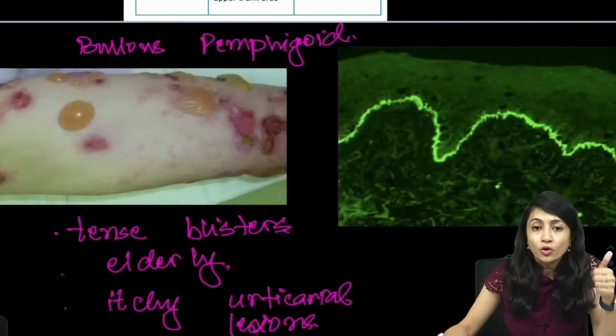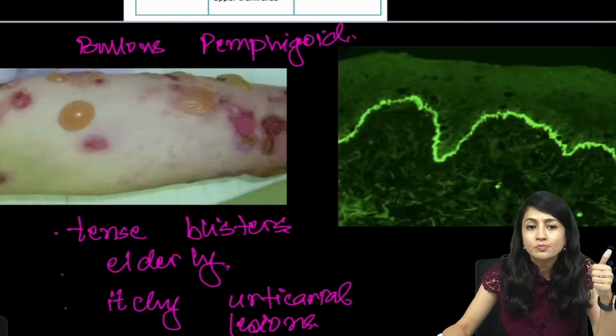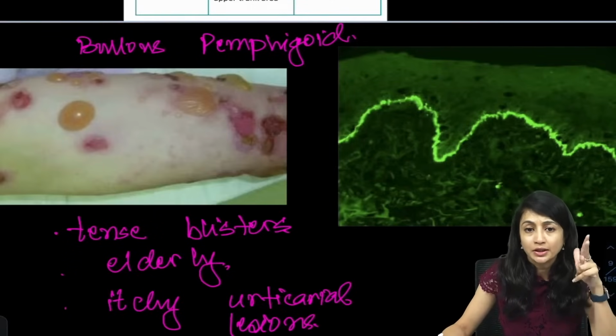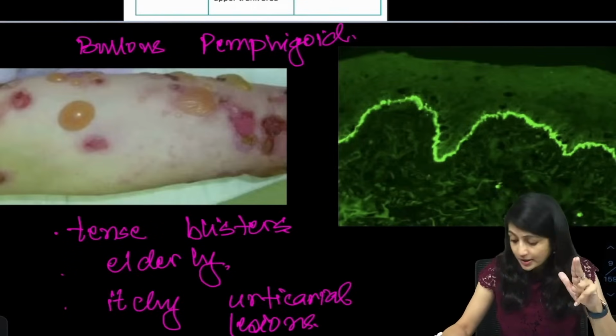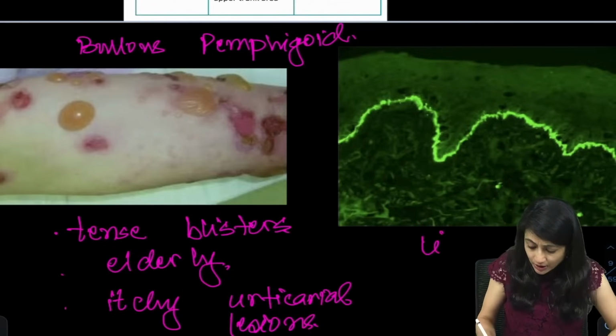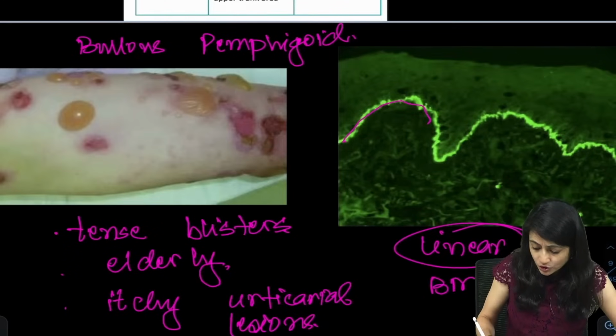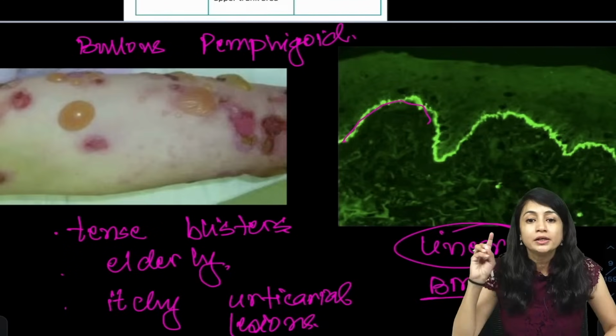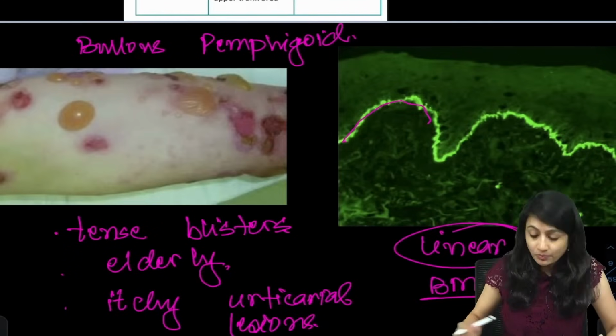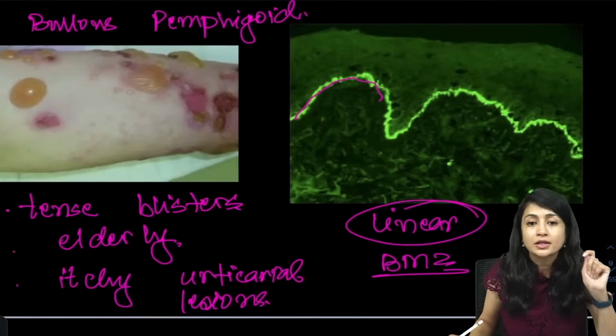So, bullous pemphigoid is a subepidermal disorder: tense blisters, elderly, itchy urticarial lesions. Then on DIF, as you already pointed out, there is a linear fluorescence that you see along the basement membrane zone. Linear fluorescence seen along the basement membrane zone is again a classical feature.